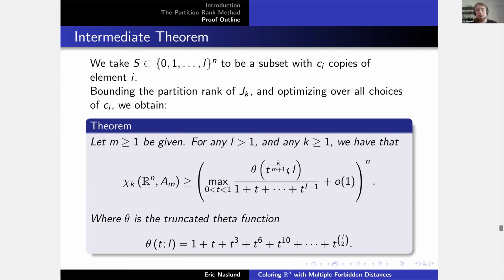P depends on the largest distance between elements in S, so it depends on all the Ci's, and calculating the largest distance is a bit of a mess again. So our prime P depends on all the Ci's, and our set S depends on all the Ci's, and we optimize the fraction over all of them. It conveniently comes out to this form below with this truncated theta function, which is coming from the distances.